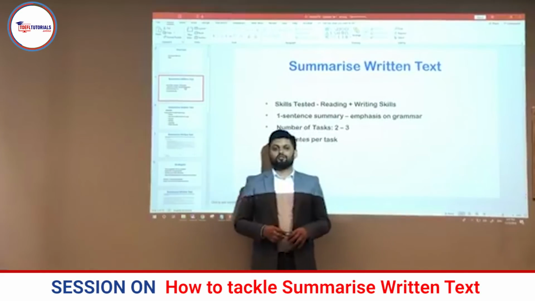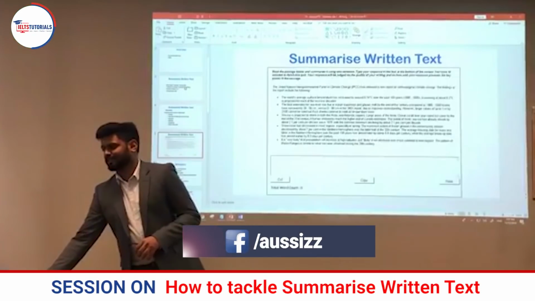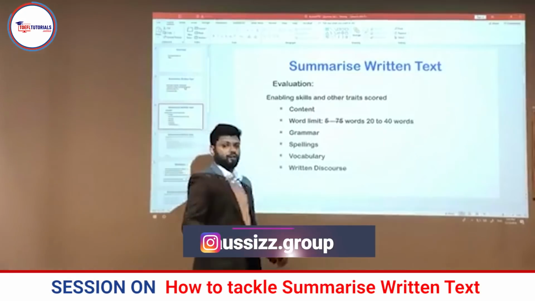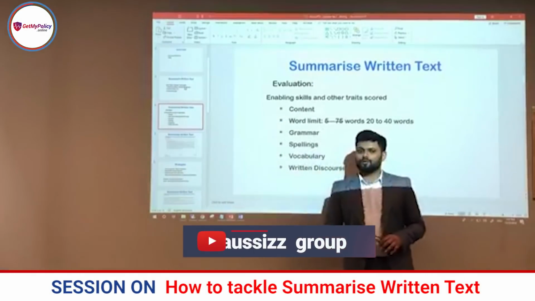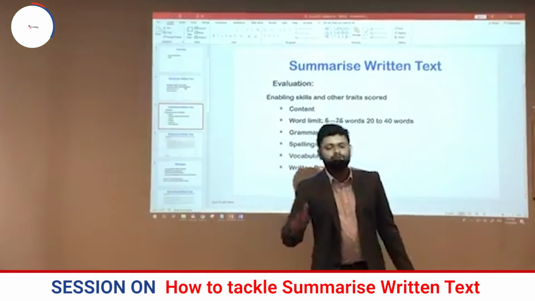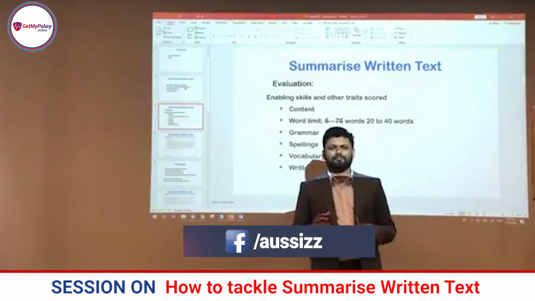So, coming back to my question, how many words do you write for Summarise Written Text? Basically, PTE has given you a sort of liberty to write around 5 to 75 words. Now we've narrowed it down mainly because once you write more than 50 words, your answer becomes a bit tacky.